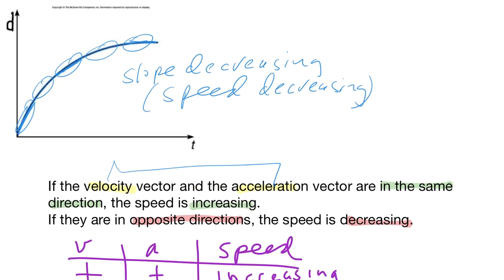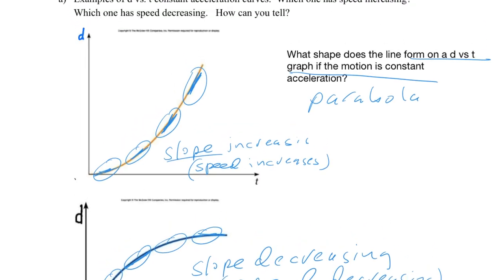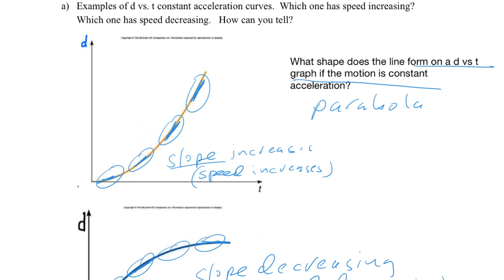Let's look at this. What kind of velocity is this? Uphill. So we got positive velocity because it's going uphill, and the speed is decreasing. No.